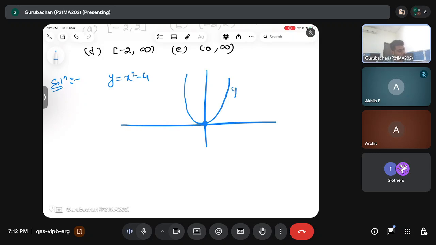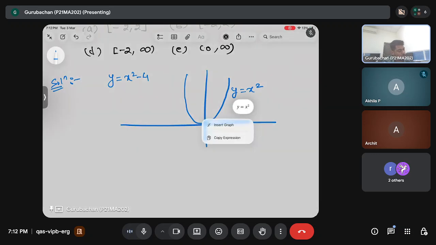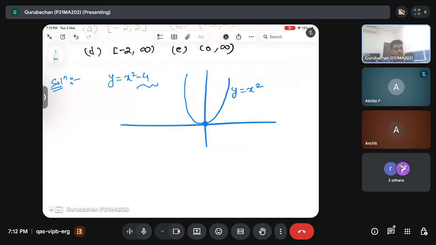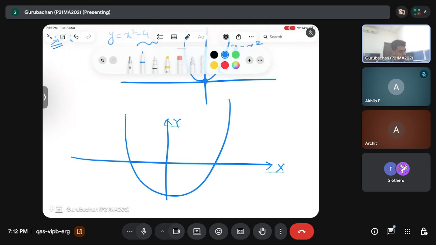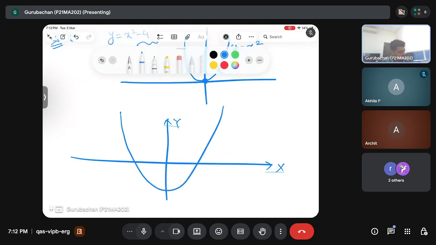This is a graph of x square, and you need to draw minus 4. So that means you have to shift it below the axis. Here it is at 0, so it will be like this. Assume it is a parabola.